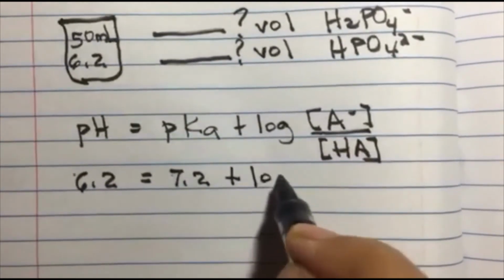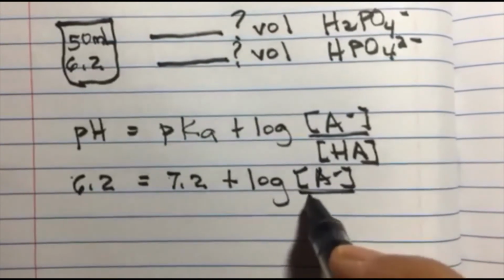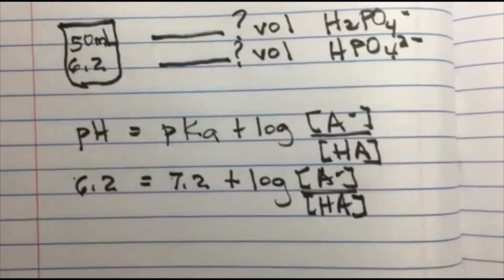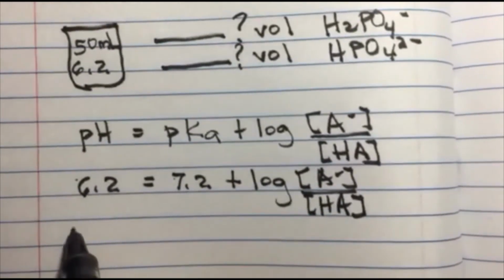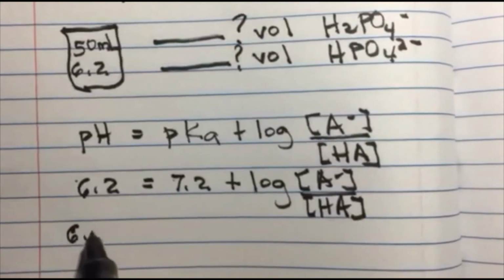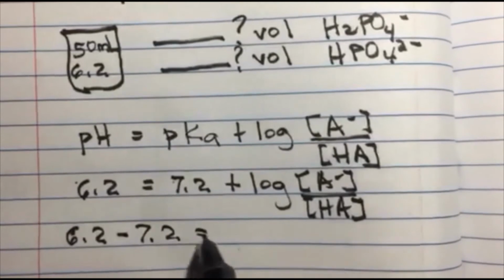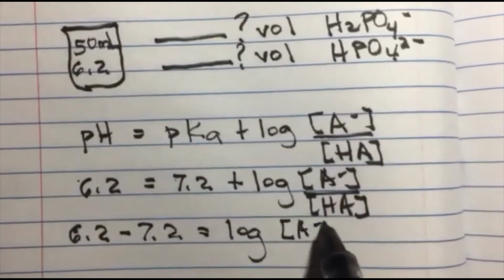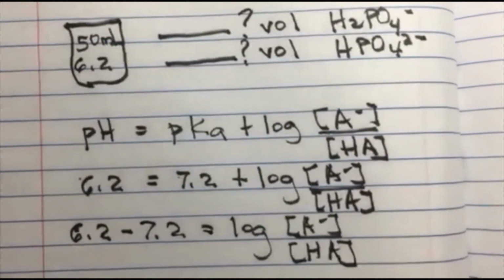So we have log A- over HA. So we transpose: 6.2 minus 7.2 will be equal to log of the conjugate base over the acid.